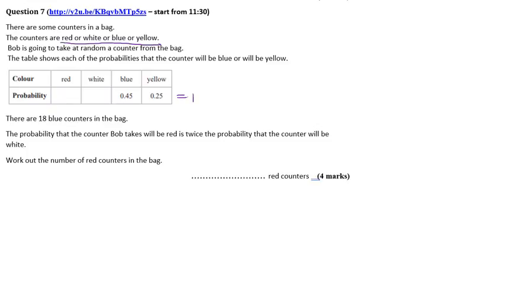So first thing we need to do is add up the probabilities of blue and yellow. And so the probabilities we've got left, red and white, must add up to 0.3 because we take away that 0.7 from 1.